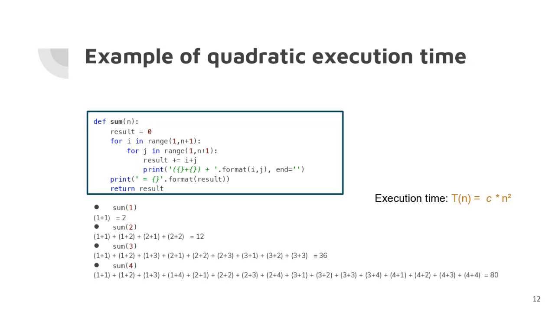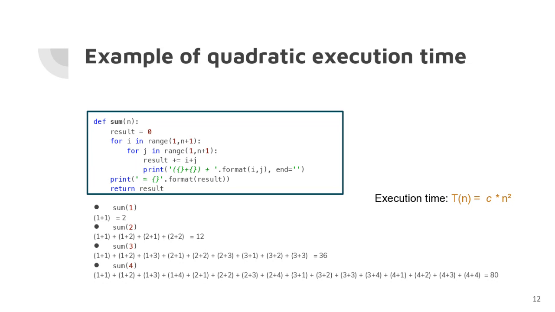So this is an algorithm. It's just a synthetic example, but you can imagine that for really large inputs, for n equals 1,000,000, this will not finish in a couple of minutes. This will take hours to compute. So we say the execution time t is a constant factor times n squared.